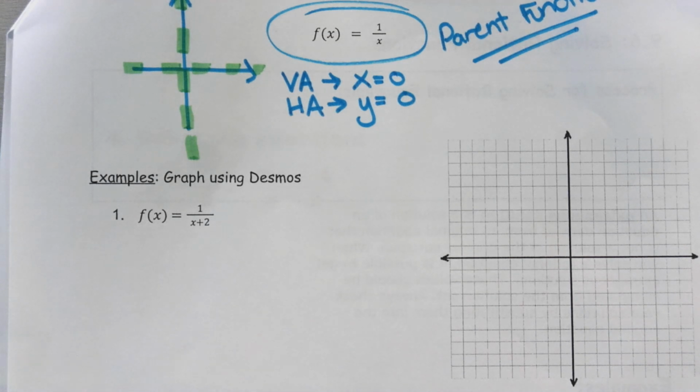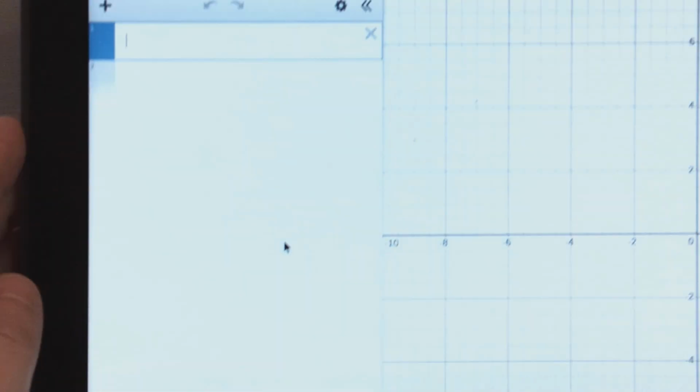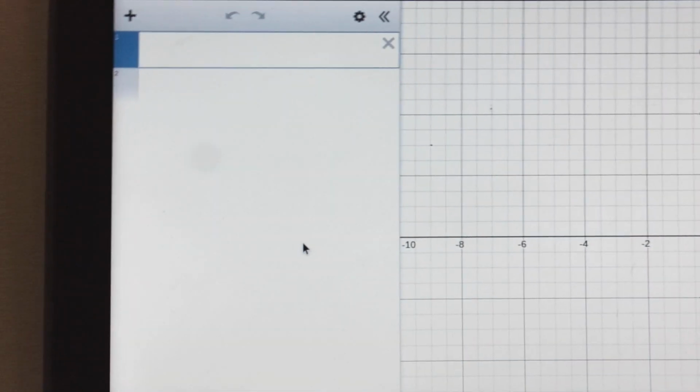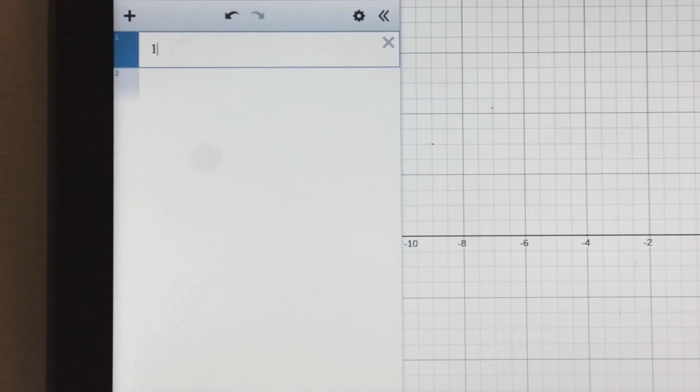We don't have that whole path that we have to do. So for our first graph, we have 1. So type in your 1. Everybody type it in. And then when you go to divide, do you know which key is your division key? The slash next to your shift. And do you see how it makes you a nice fraction?